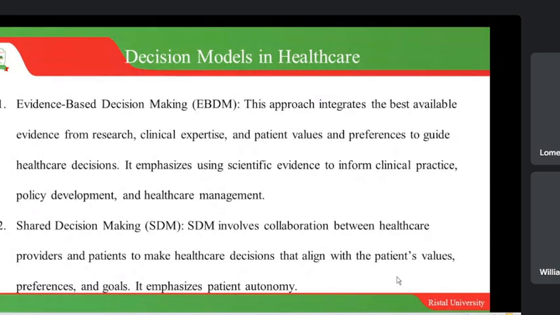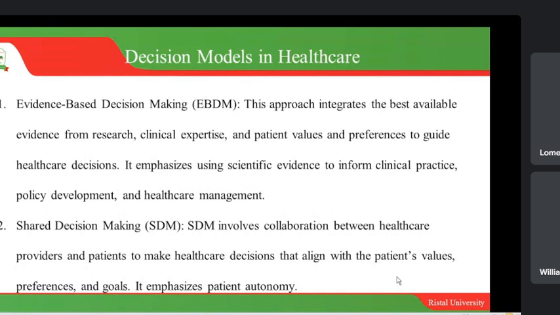Then we have the shared decision model. When we are talking about the shared decision-making model, here there is collaboration between healthcare providers and patients. And what are they collaborating about? Why are they collaborating? Those are questions that we can ask ourselves.